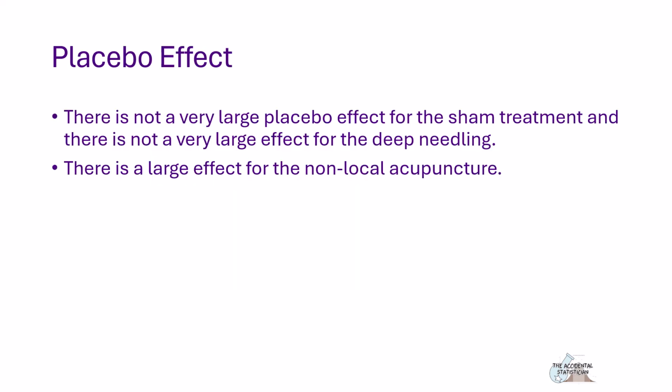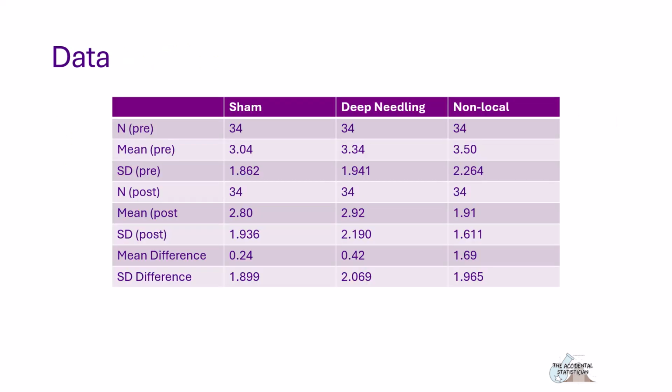Not a very large placebo effect for the sham treatment, and not a very large effect for the deep needling. Large effect for the non-local acupuncture, which is a bit of a problem because the non-local acupuncture is actually not the treatment that I'm looking for.